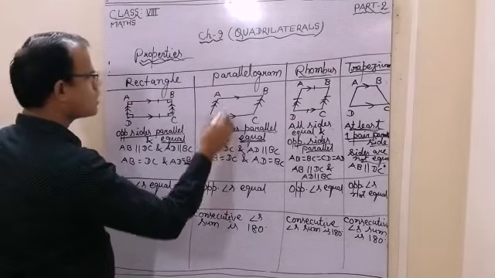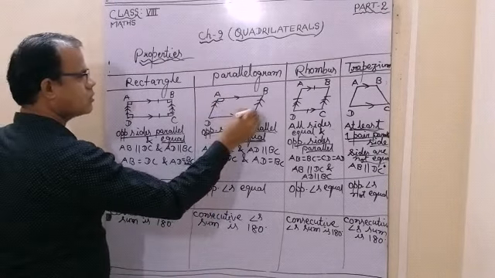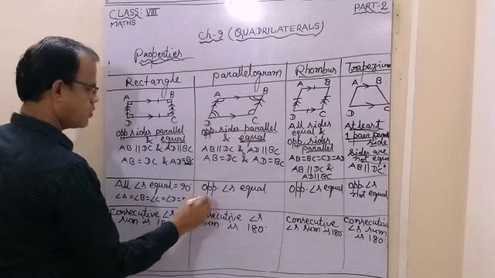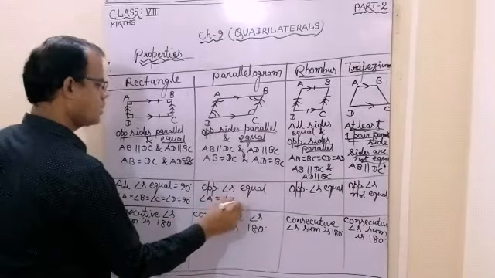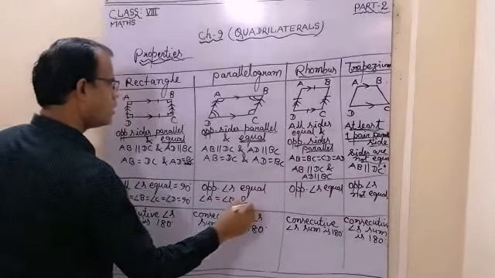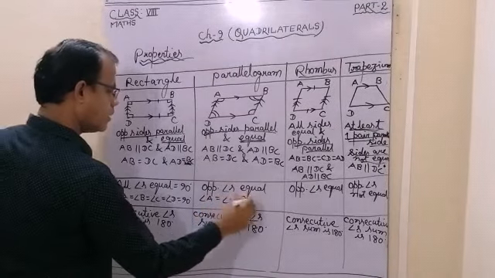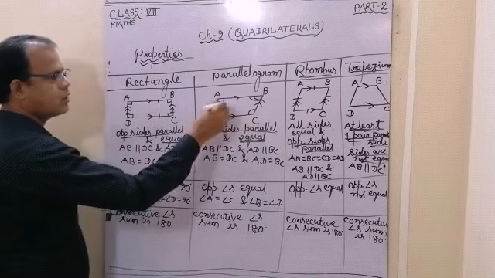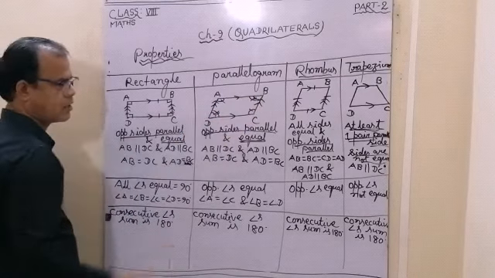Here also you can see opposite angles equal, means this angle equal to this angle and this angle equal to this angle. So we can write like that, angle A equal to angle C and angle B equal to angle D. Opposite sides equal, this side equal to this side and this side equal to this side.